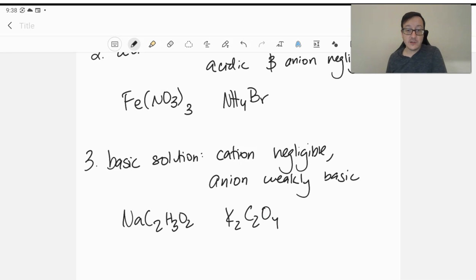Your cation is negligible. Your anion is weakly basic. So again, you look at the conjugates. Conjugate of K plus would be KOH. The conjugate of C2O4 2 minus is H2C2O4, or technically, if we're looking at the real conjugate, it's one hydrogen, but in either case, that's still a weak base. So we're looking at these. That's a basic solution. All right.